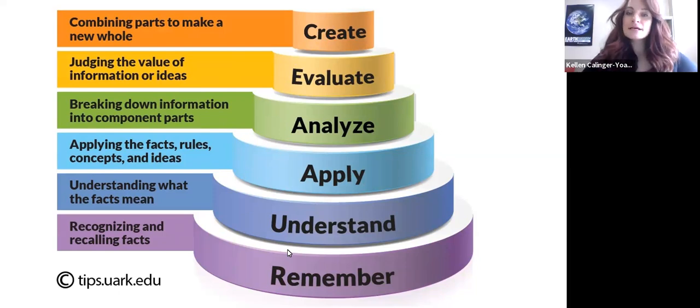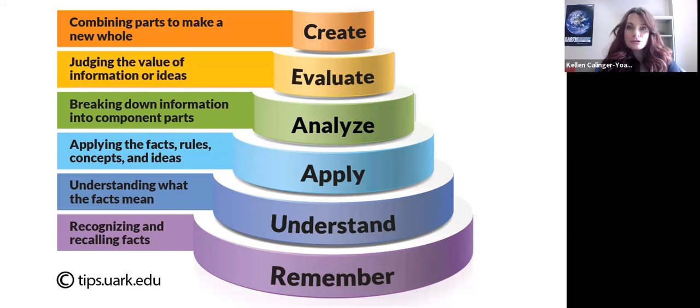Now, for our class, I'm pretty much never going to ask you a question that's basic memorization. So when you get to a lecture quiz or a midterm, I'm never going to say, give me the definition of evolution. When we think about why I'm not going to do that, that's because that's a really low level of cognitive demand that's not consistent with what we're trying to do in college level biology courses.